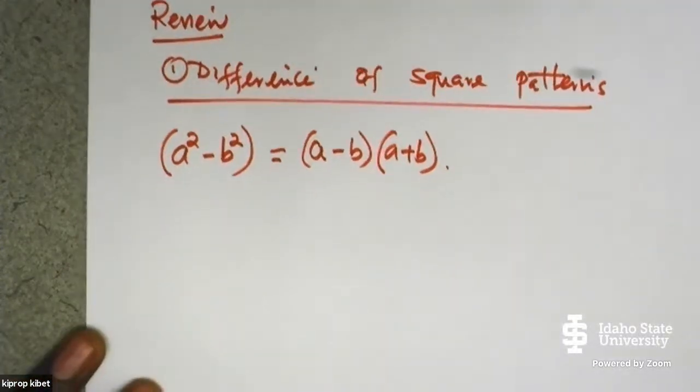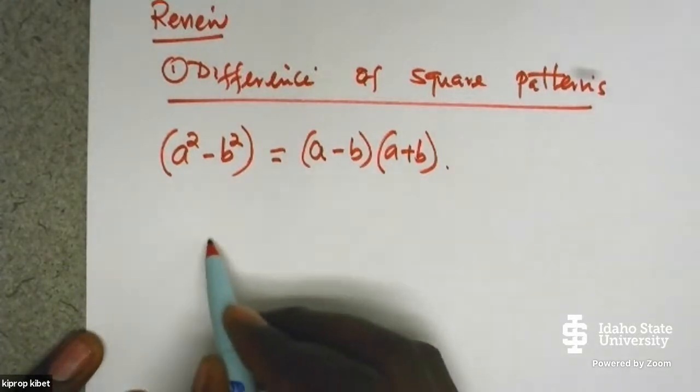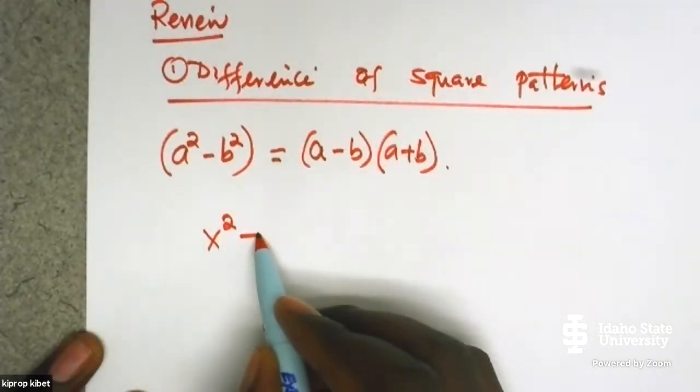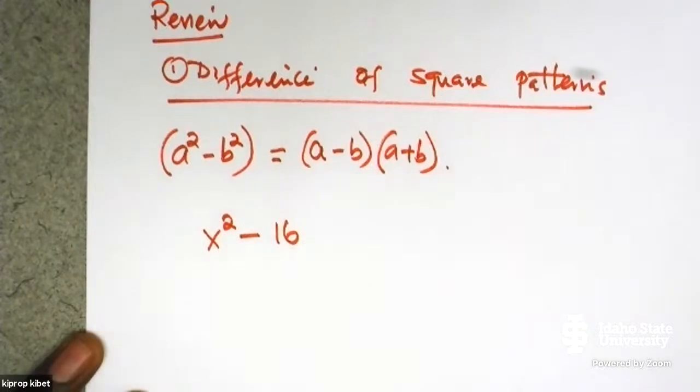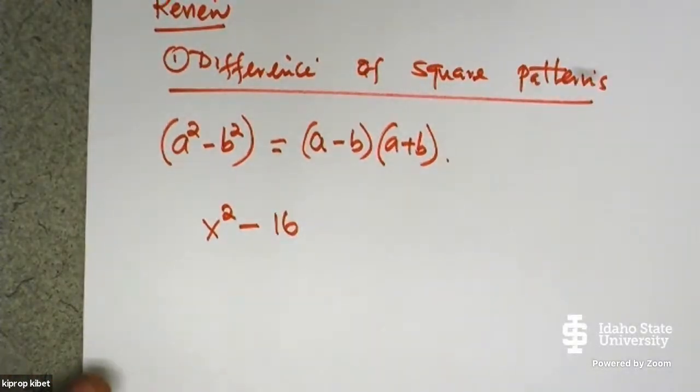For example, we did an example with x squared minus 16. You look at it to see whether you're able to get the square root of both terms.